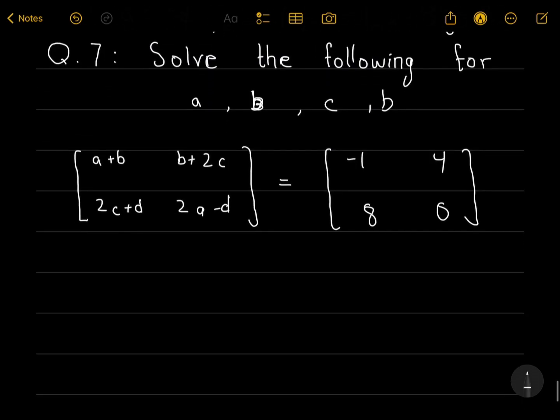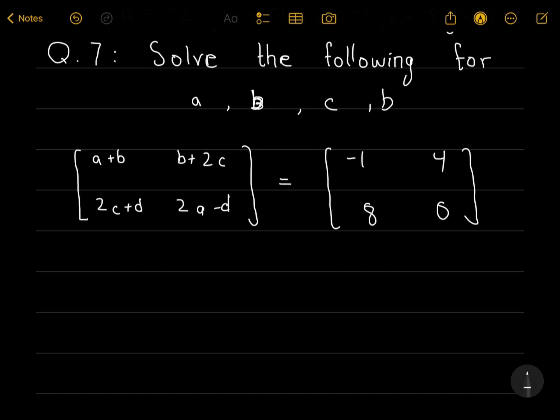Moving on to question number 7. Solve the following for A, B, C, and D. We have equations here, so we must make equations from these. A plus B equals minus 1.